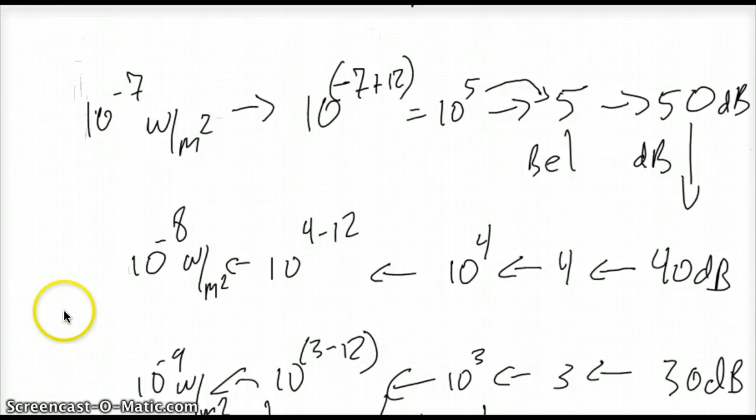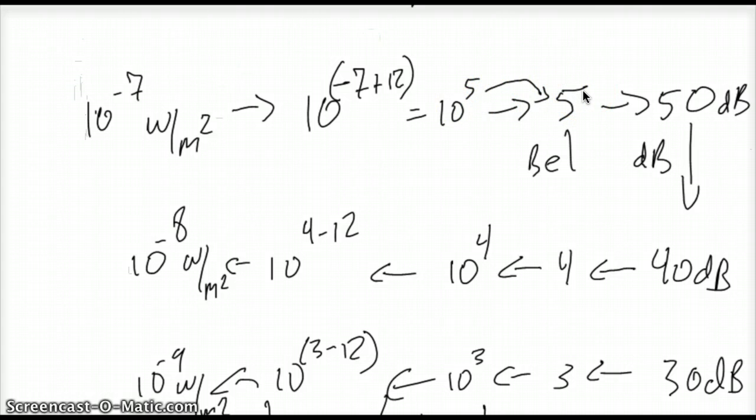And this is how intensity works. If they give us an intensity of 10 to the negative 7 watts per meter squared, to change it back into the crickets, you need to take 10 to the minus 7 plus 12, which will give you the Bell scale, and that will be 10 to the 5th. Then you take the exponent of it.